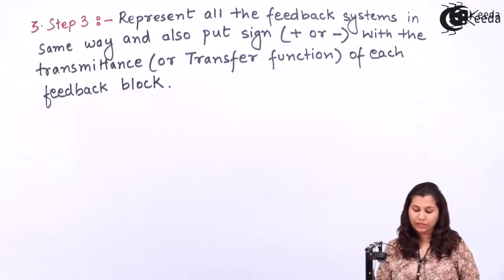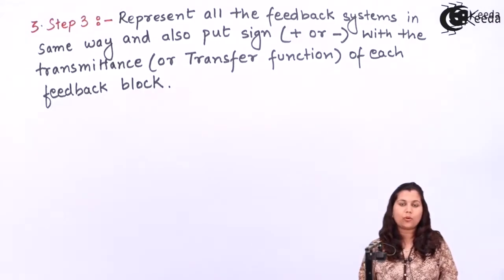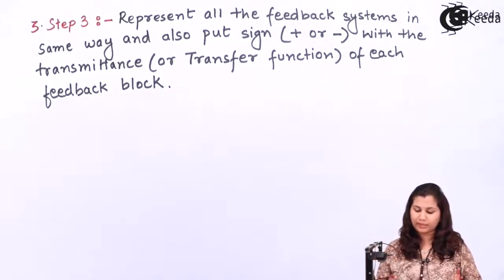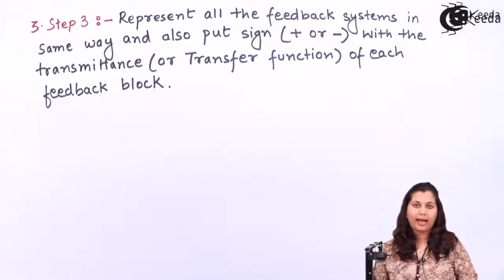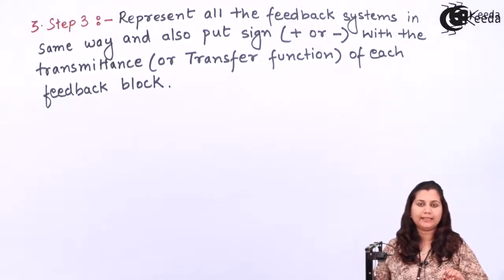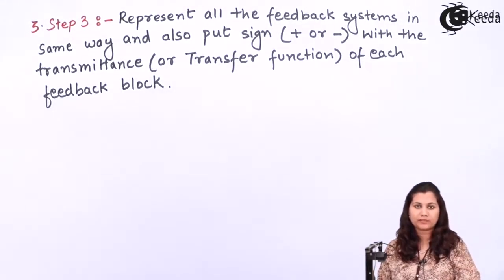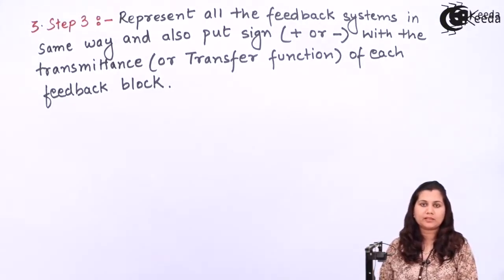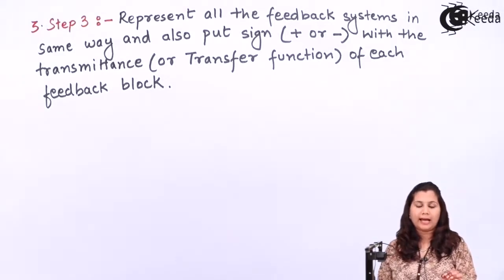So in step 3, you have to represent all the feedback paths present in the control system in the same way. And also you have to put the sign. Keep in mind whether it is a negative feedback system or a positive feedback system. So put that positive or negative sign with the respective transmittance or transfer function on that arrow, so that we get to know that it is a feedback loop.